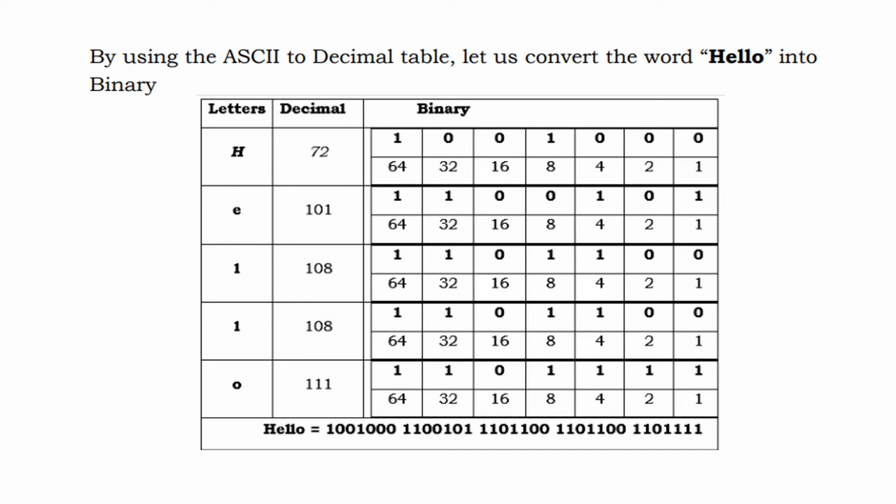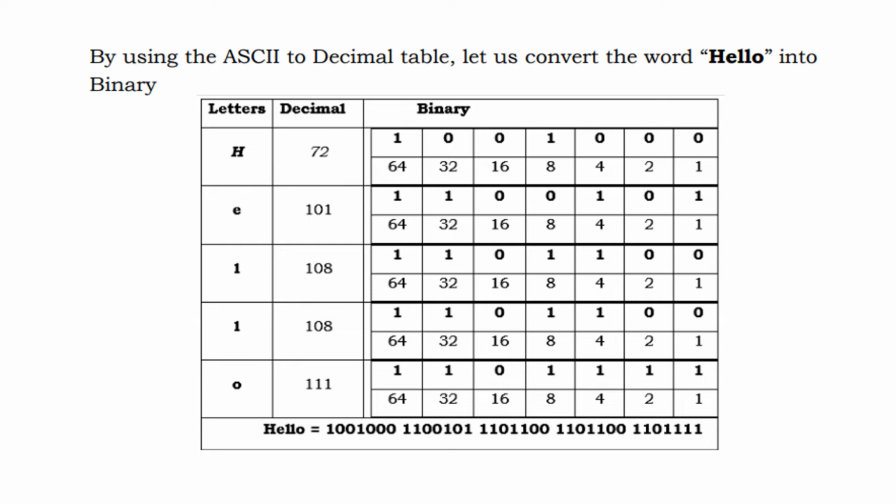So, to get the equivalent of the word hello, capital H, small letter E, small letter L, small letter L, and small letter O, the equivalent binary code is 1001000, and 1100101.